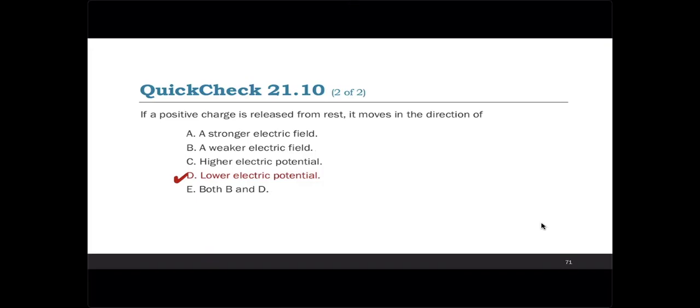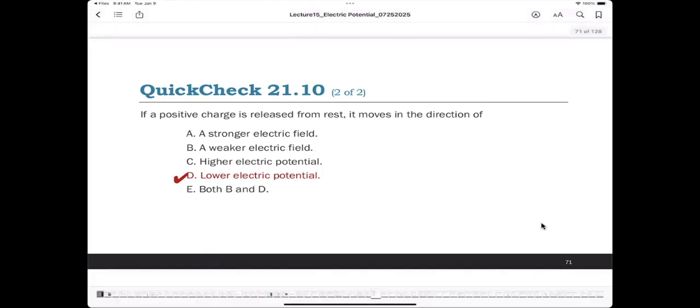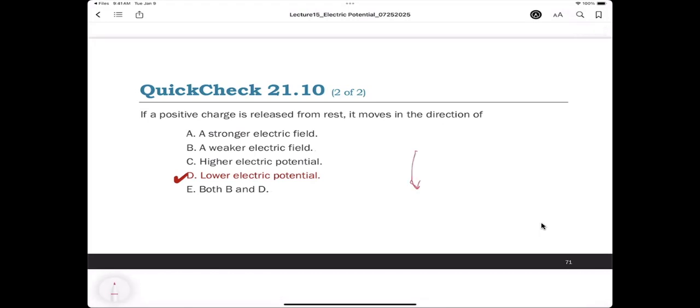You can understand it this way: a positive charge always goes to the lower electric potential. If you draw a circle, it always goes from the positive to the negative. Does that make sense to you?